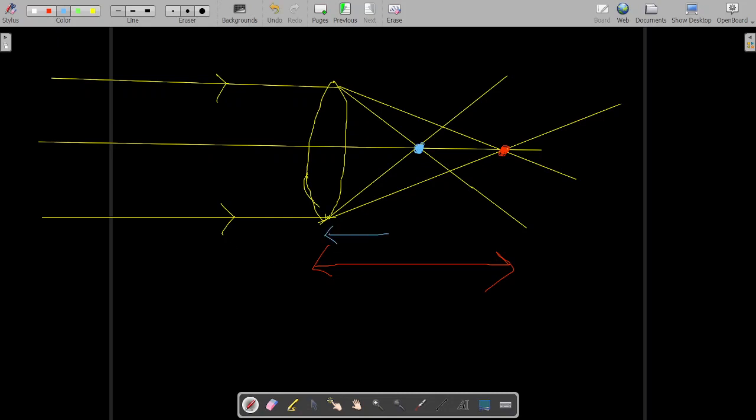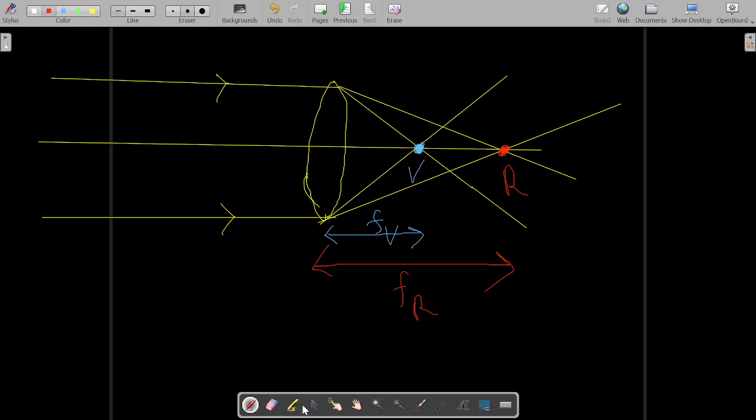This is your FV, the focal length for violet color, and this is the focal length for red color. This is the violet focus point, and this is the focus point for red color.